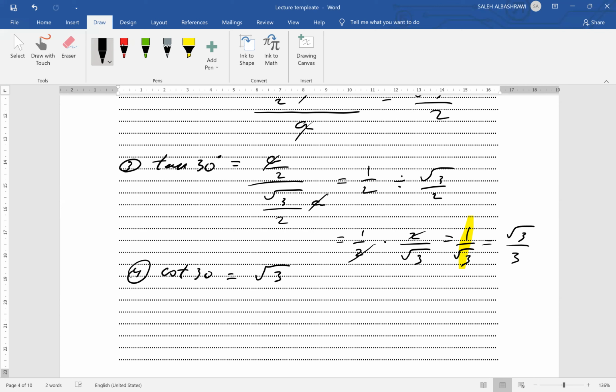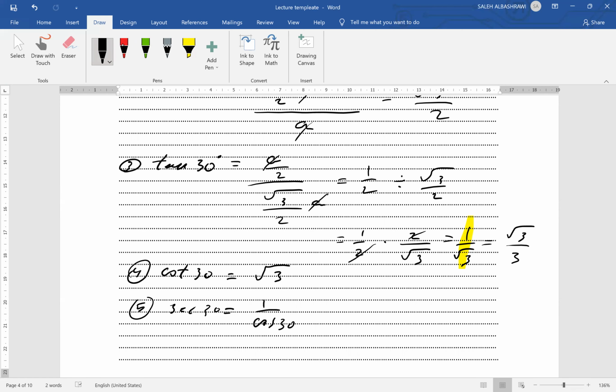Number 5, secant theta. It is 1 over cosine. Let's say this is not theta, this is 30. From last time we said that the secant is the reciprocal of the cosine.